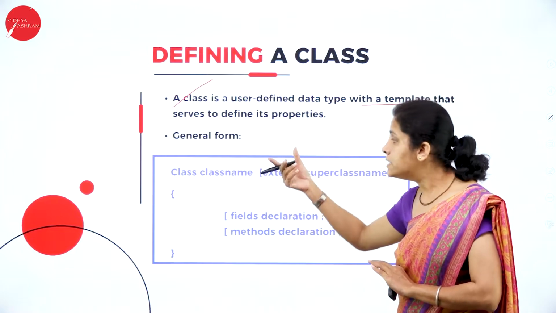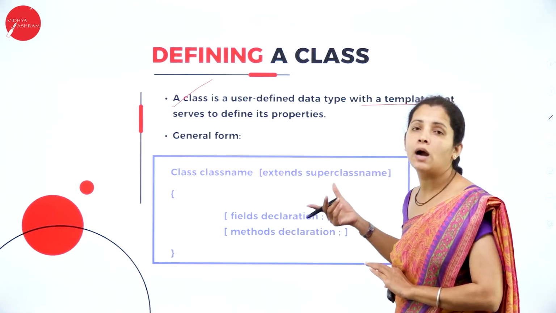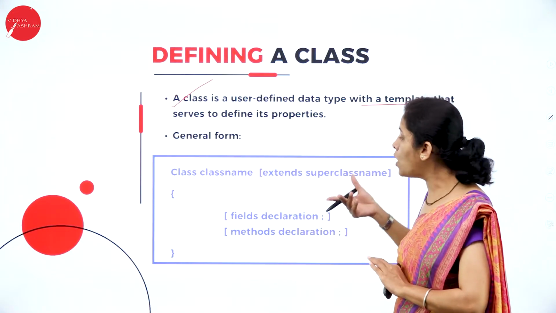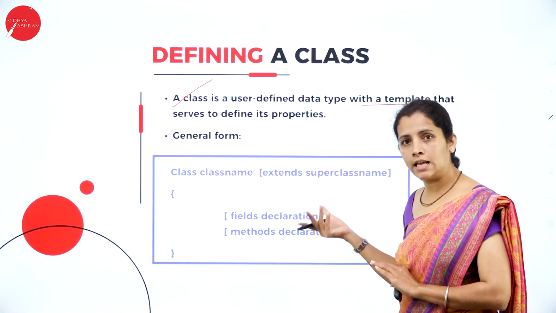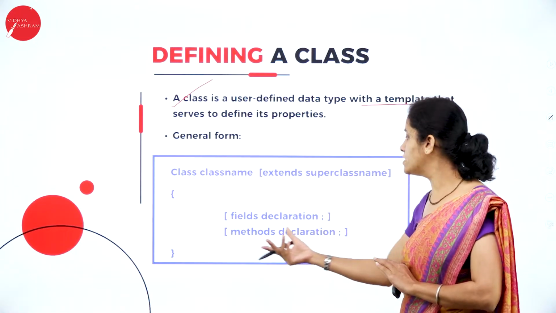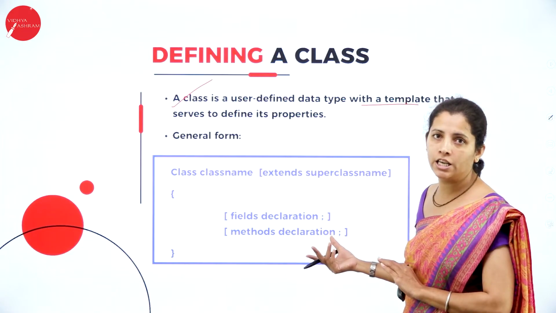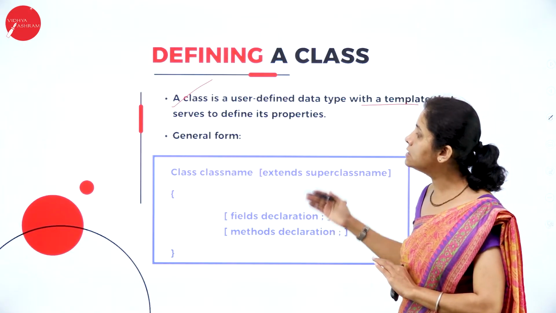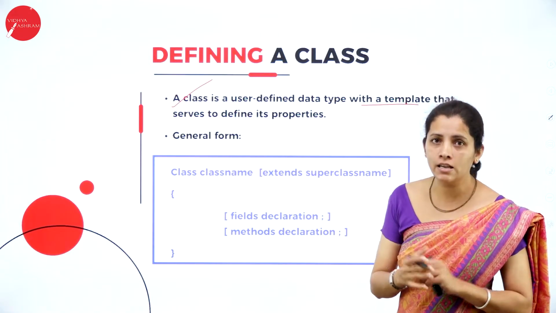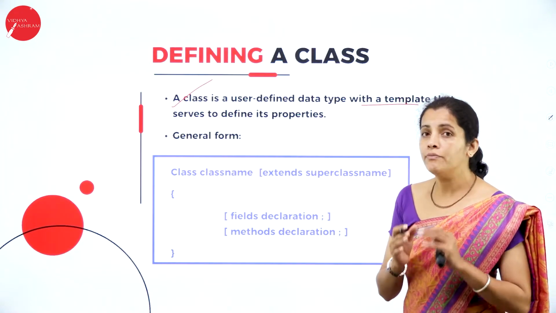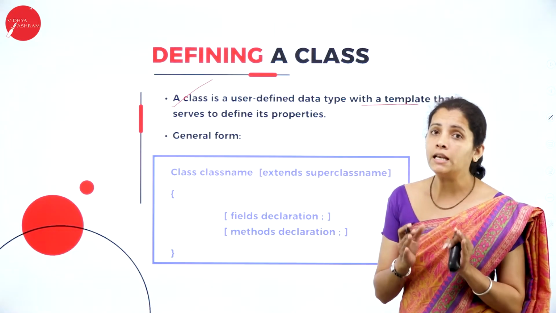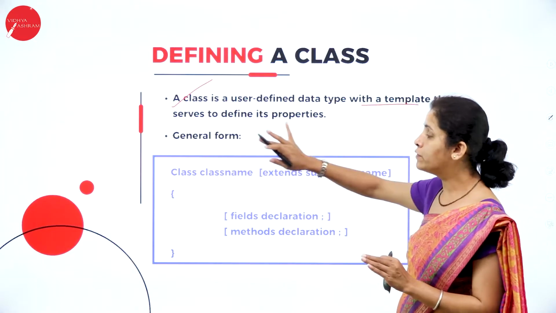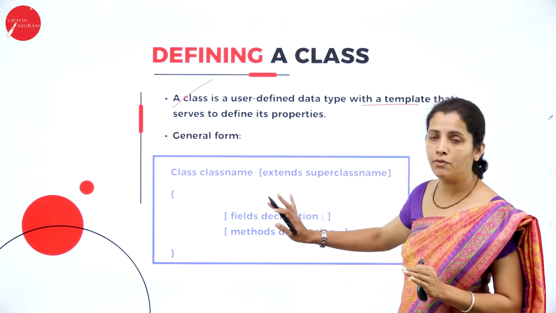So, inside the class, I'm going to have the properties. So, what is a property here? That is nothing but the field declaration as well as the method declaration. So, dear student, this is the syntax or general form. And if I want to create a class, then I have to follow this general form.